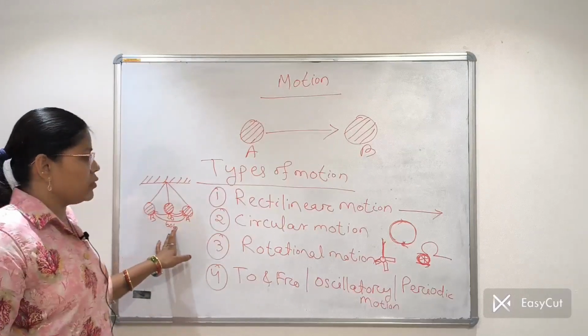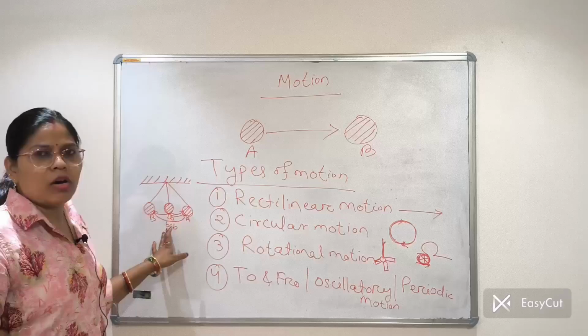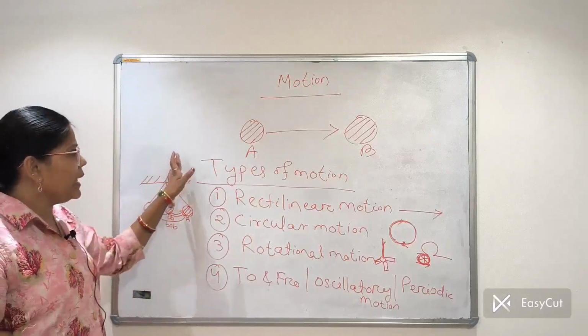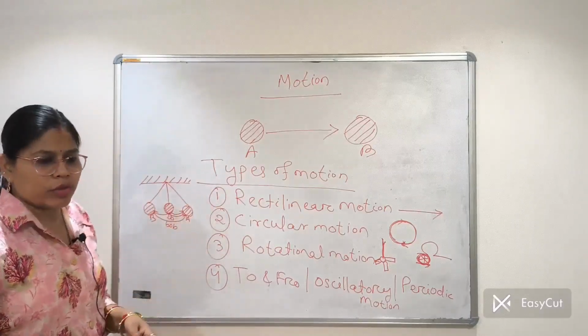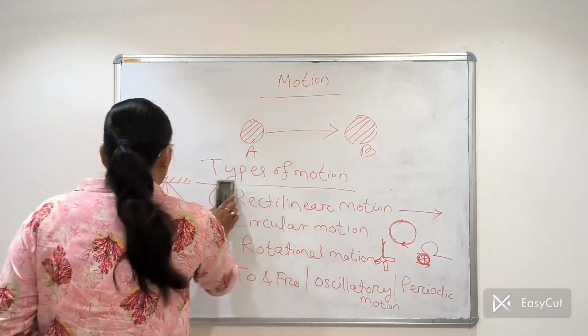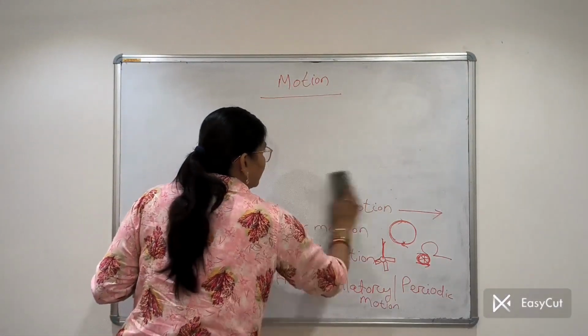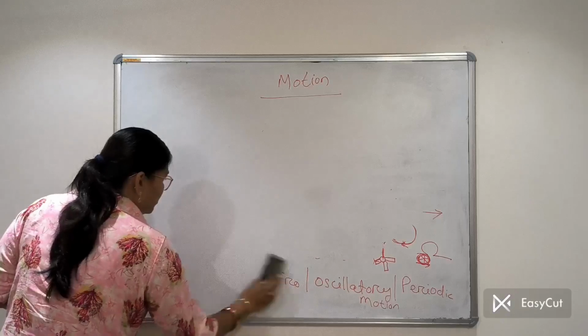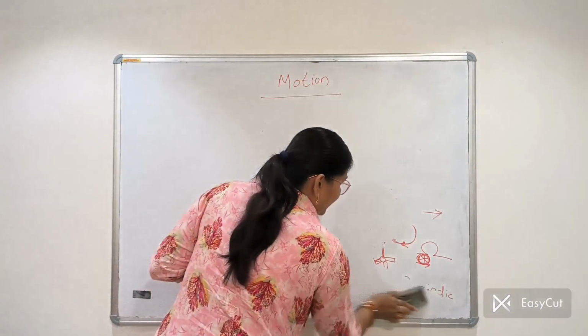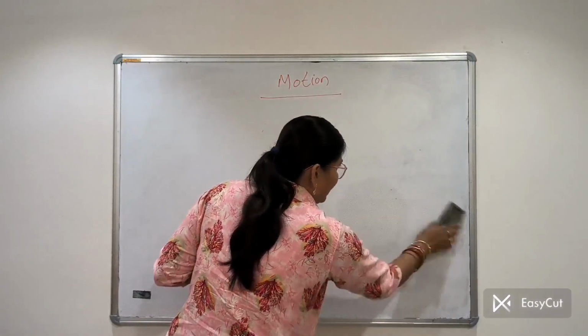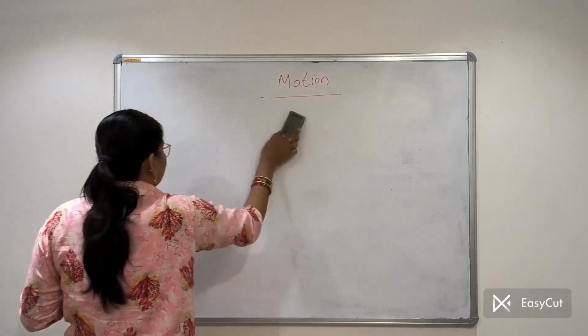And this motion is known as oscillation or oscillatory motion. So mainly there are 4 types of motion. So everybody understood what is motion and what are the types of motion?